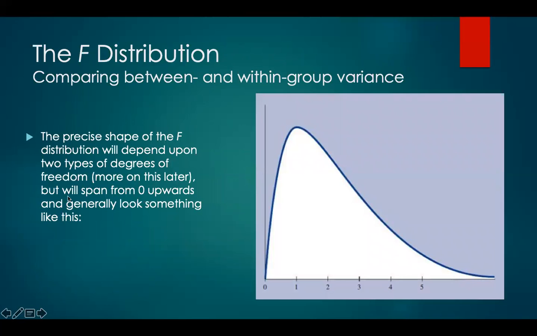The precise shape of the F distribution will depend upon two types of degrees of freedom, and we'll talk more about this later, but will span from 0 upwards and generally look something like this. It spans from 0 upwards because F is always positive. It generally has this fairly strong positive skew.